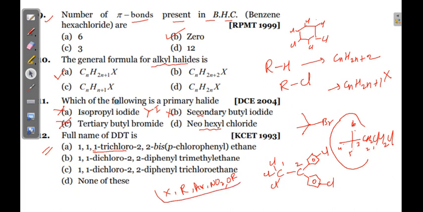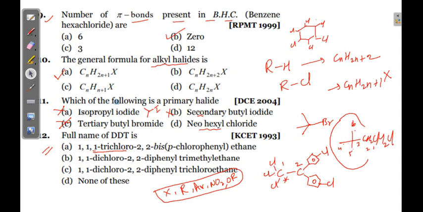So we just give the lowest sum of locants rule, and if the lowest sum is the same, then we go for alphabetical order. Obviously here 3 substituents are there, so we give more preference to this carbon.